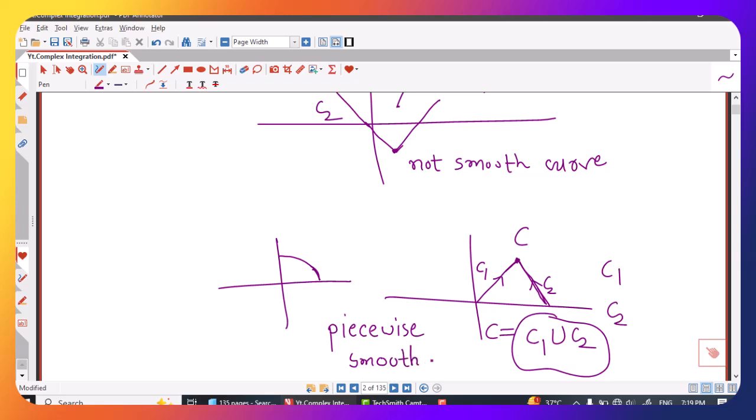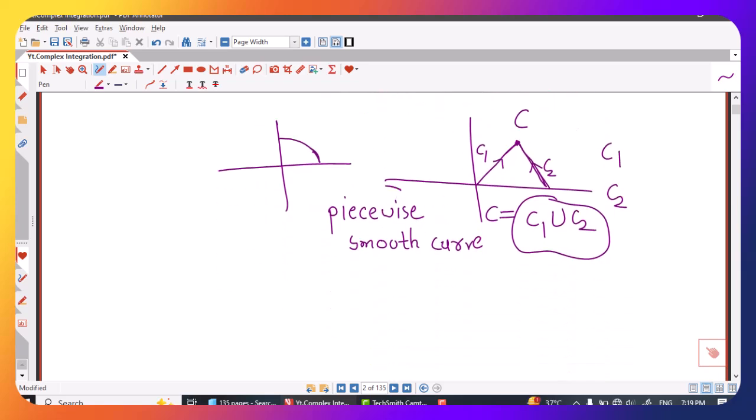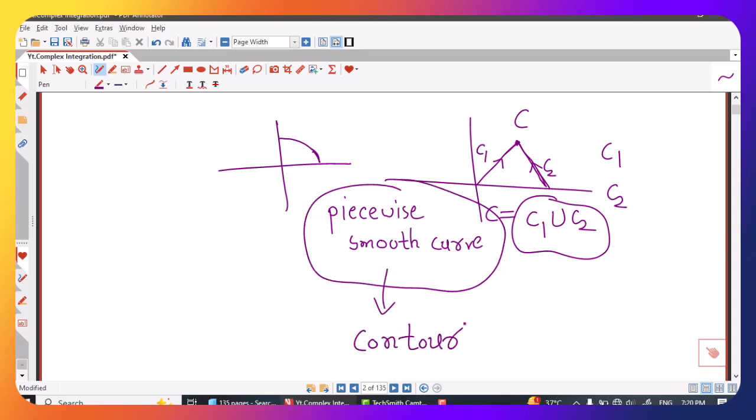So if our curve is not smooth, but we can represent it as a union of a finite number of smooth curves, then we will call it a piecewise smooth curve, and this piecewise smooth curve is given the name contour. Whenever we use this word contour, it is that type of curve which is a union of a finite number of smooth curves. So contour is nothing but a piecewise smooth curve, and we will remember this.